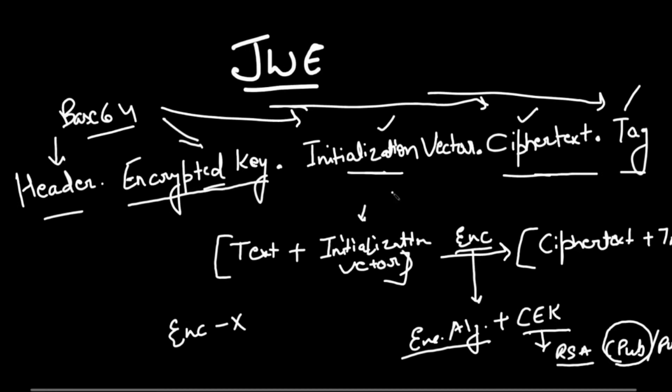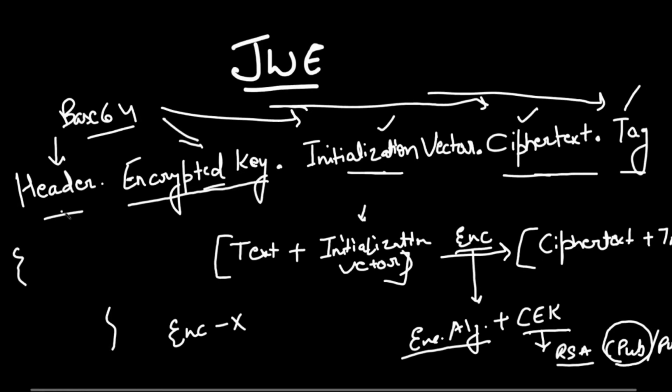Easy, right? And one more thing to note here is that we have used two algorithms as part of JWE. One is for encrypting the plain text to ciphertext, and one algorithm we use to encrypt this encryption key. We have to mention both the algorithms here in the header.